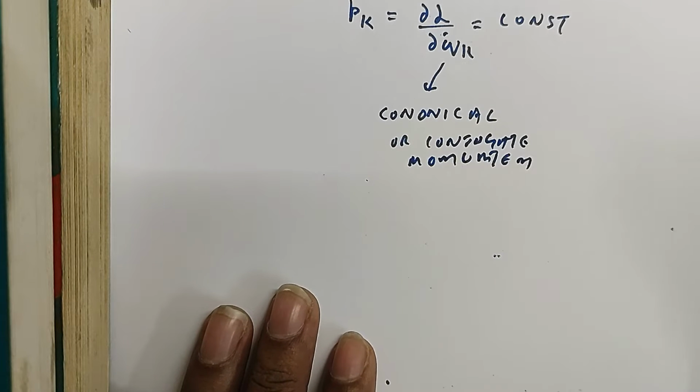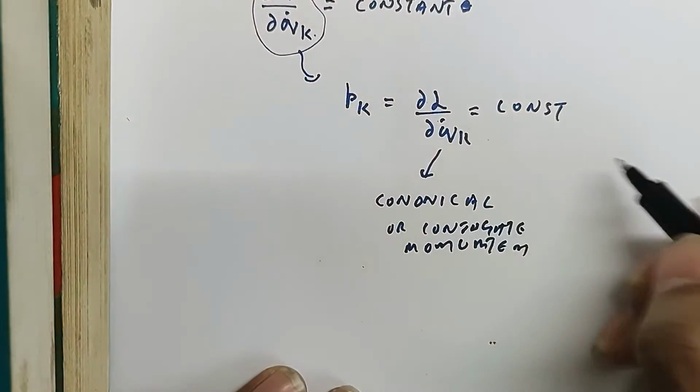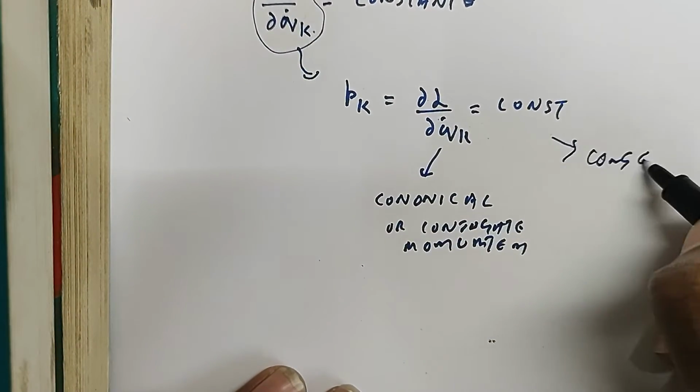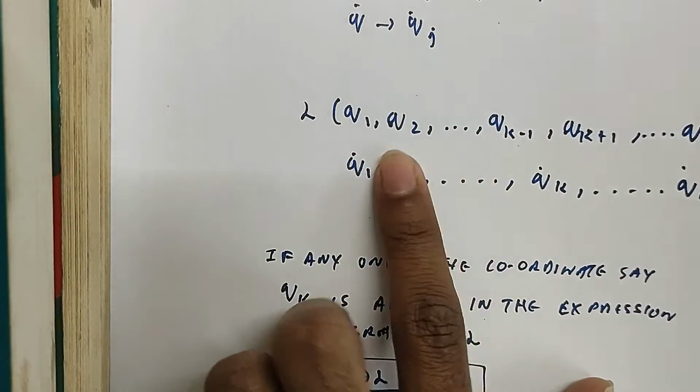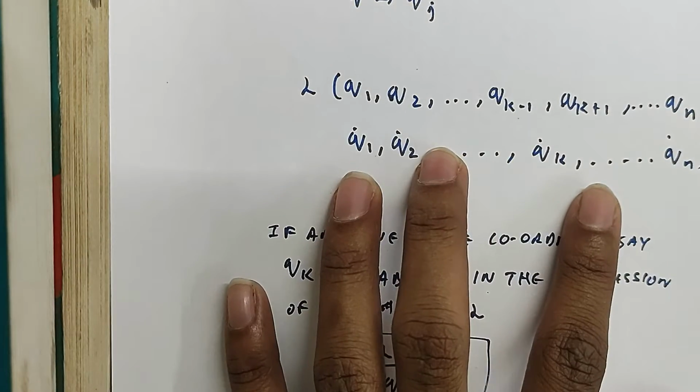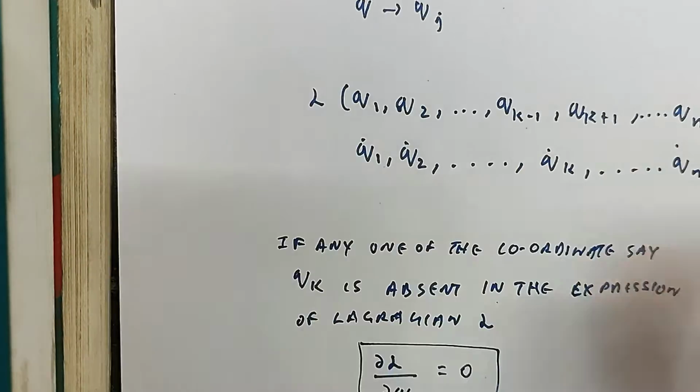So what happens is this particular canonical momentum is conserved. Thus, whenever my coordinate, say qk, does not appear explicitly in the Lagrange's function, as it happened here, it's visible to us that it does not appear explicitly. As a result, the linear momentum pk is a conserved quantity.